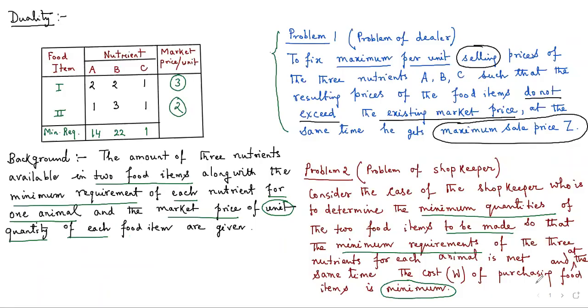Initially, to start with, we have considered a physical situation, a food item problem, a nutrient problem, whose background is given in the table. Now, we are going to visualize the problem from two different perspectives. The first perspective is problem one, which is the problem of the dealer.